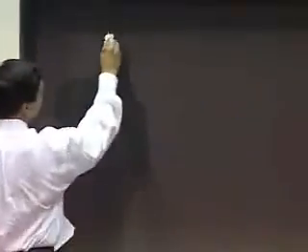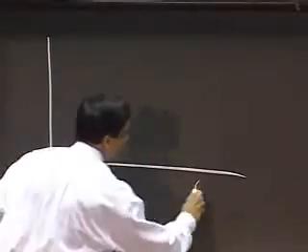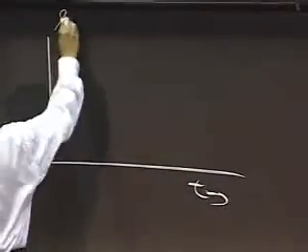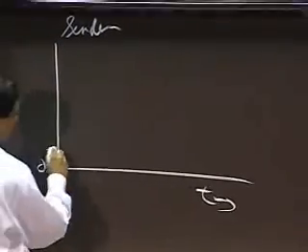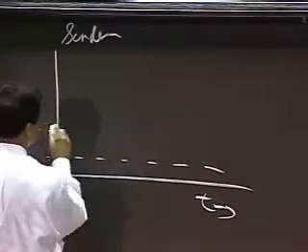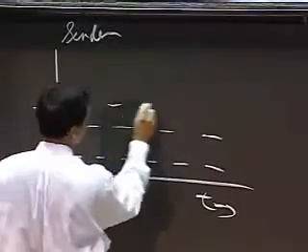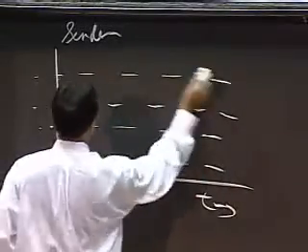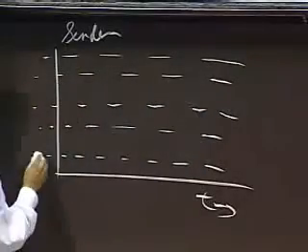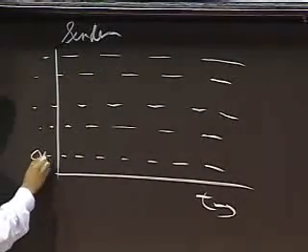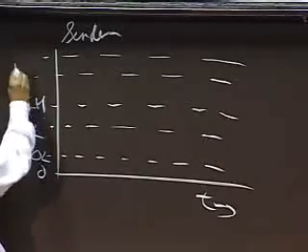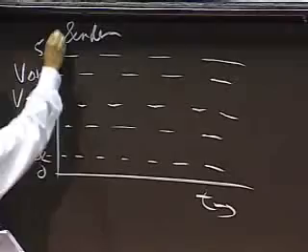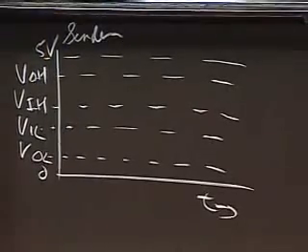So to continue with an example, I may have the following voltage waveform for a sender. I have a sender here. So I have VOL, VIL, VIH, VOH, and some other high voltage.